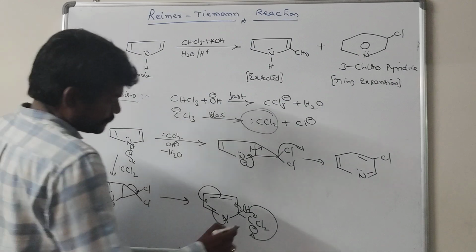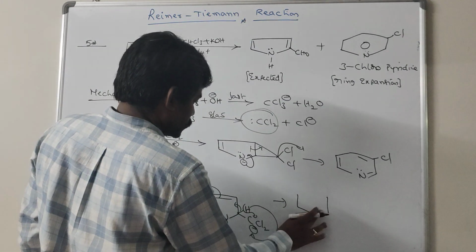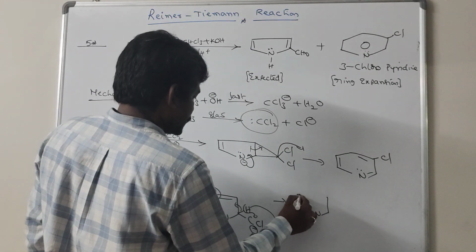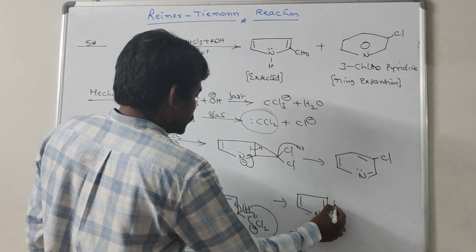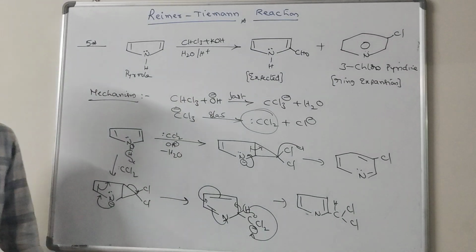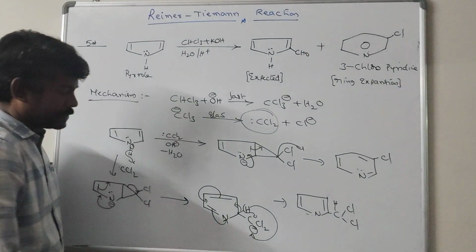Electrons shift like this, and like this. Then we get a double bond, CHCl2, and a negative charge.